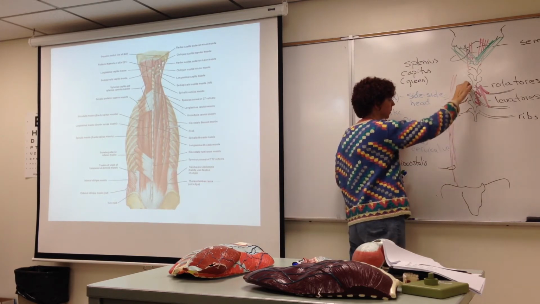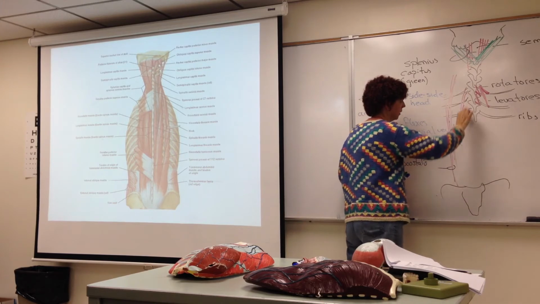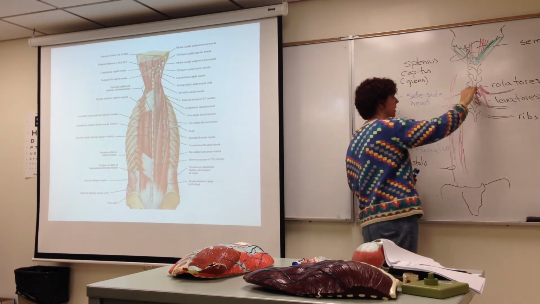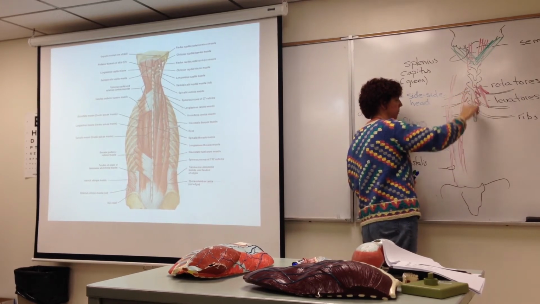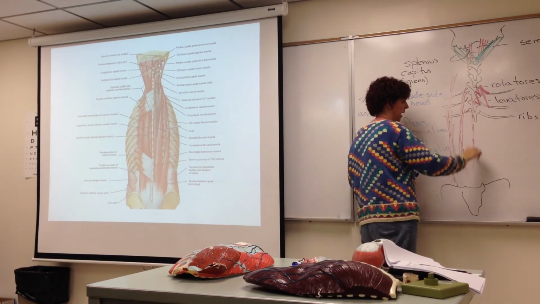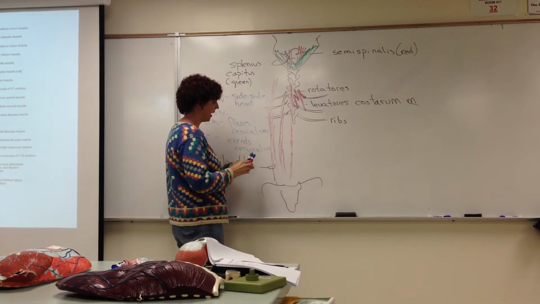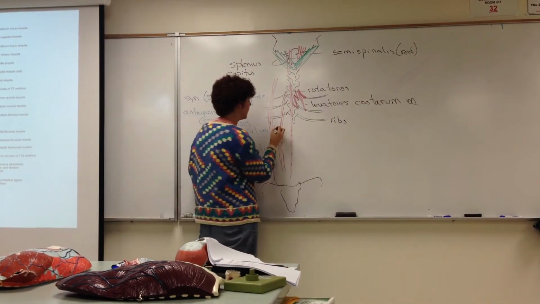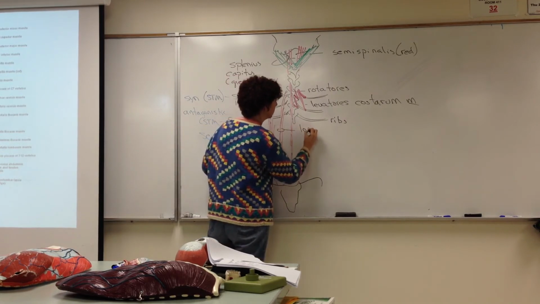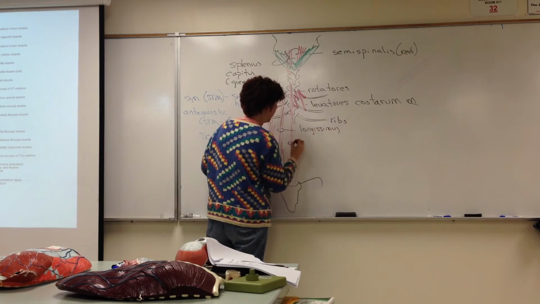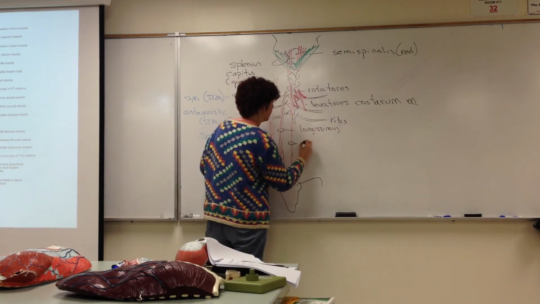The more medial group runs closer to the vertebra, and then the midline group runs between vertebra and vertebra on a more midline level. So this gives us the longissimus, and finally, right along the spine, spinalis.